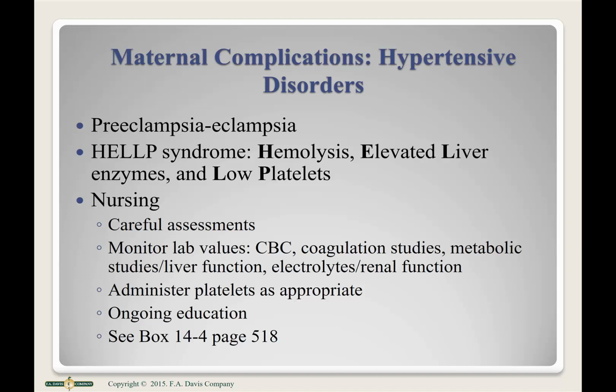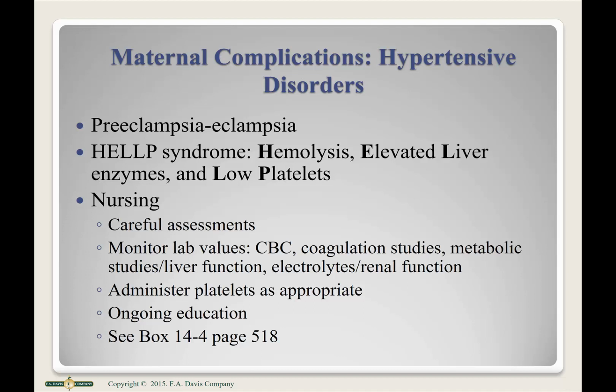If we start having those advancing symptoms in that table, if we start having headaches, blurred vision, that is affecting our brain. Also, severe right upper quadrant pain or epigastric pain shows us that we're having liver involvement.